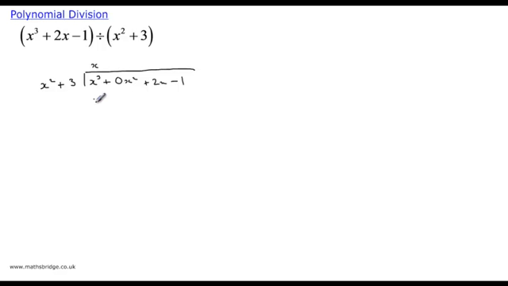So first of all I need an x, multiplying through gives me the x cubed, and it also gives me a 3x. Subtracting these terms gives me a minus x, and I'll drop the minus 1.